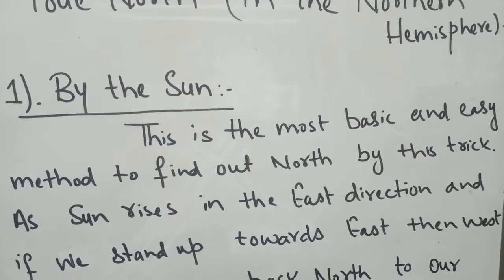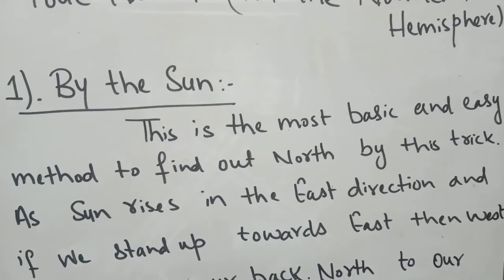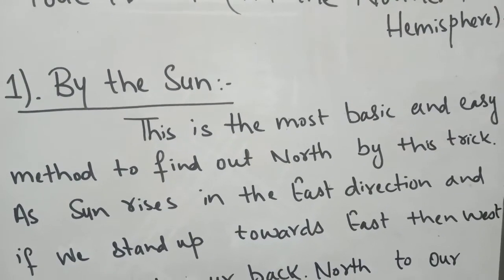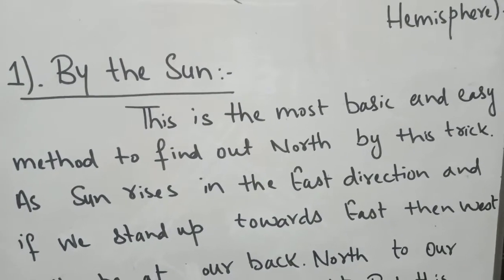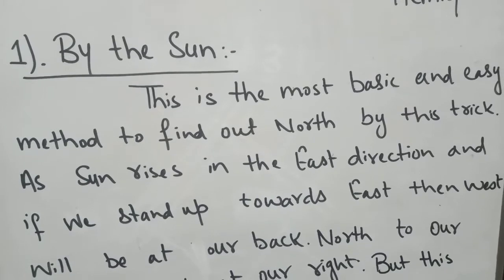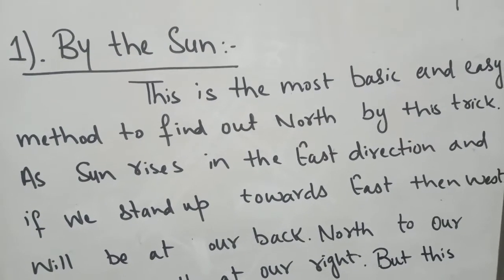As the sun rises, and everybody knows the sun always rises in the eastern direction, once you stand up towards the east, you can easily find the other direction, obviously the west, which will be at your back.